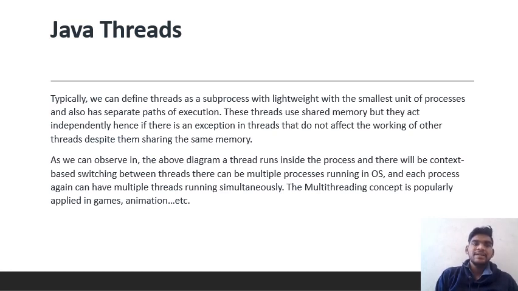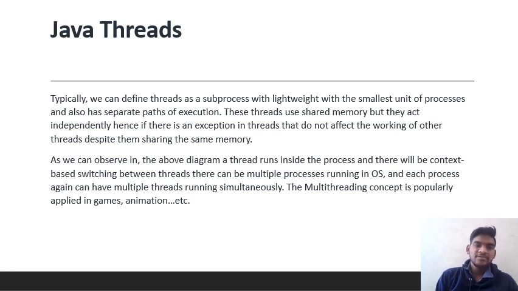Java thread. Typically, we can define threads as subprocesses, lightweight, the smallest unit of a process, and they also have a separate path of execution. These threads use shared memory, but they act independently. Hence, there is an exception in threads: they do not affect the working of other threads, despite sharing the same memory.